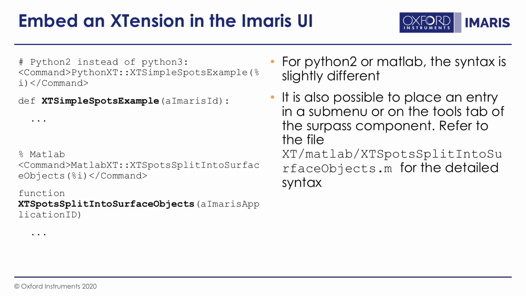If you want to see an example of that, you can, for example, open the XTMatlabXTSpotSplitIntoSurfaceObjects example. With this, we now understand how to embed an extension in the user interface, how to modify it, and how to launch it.